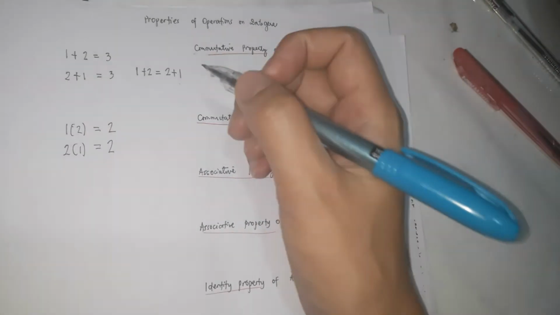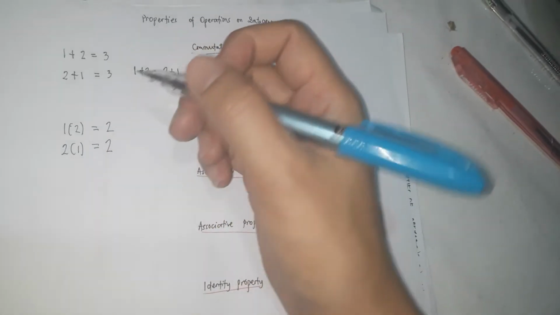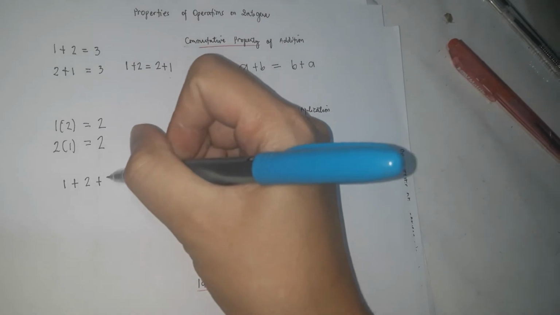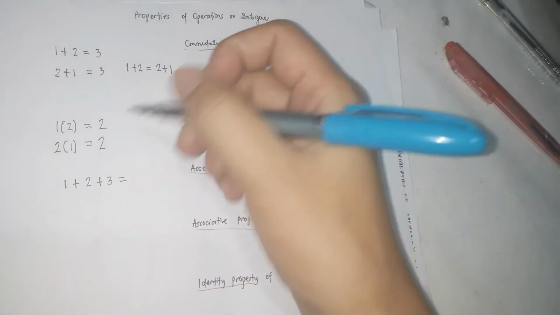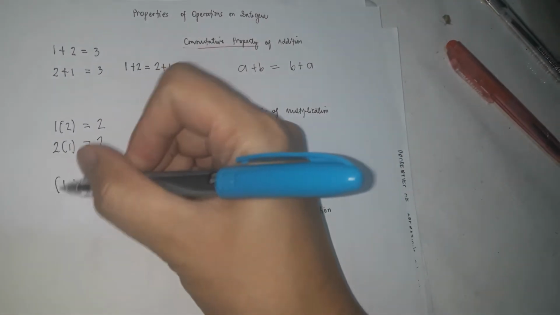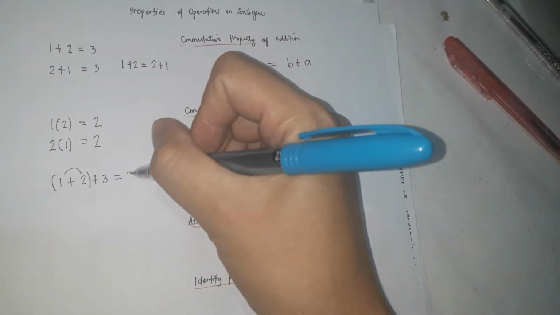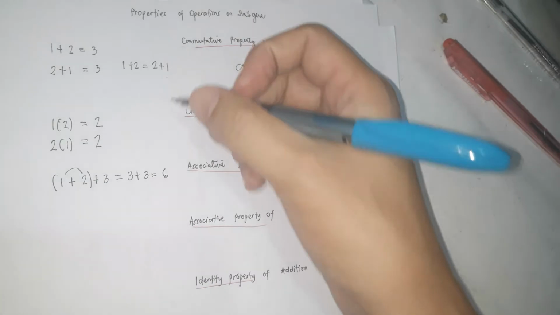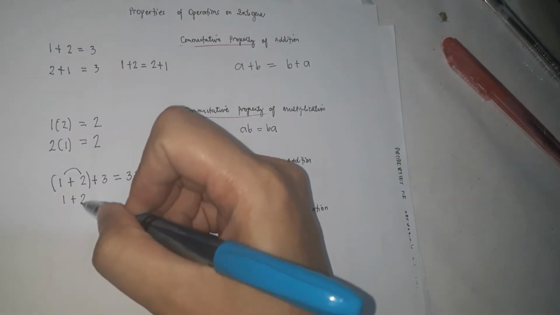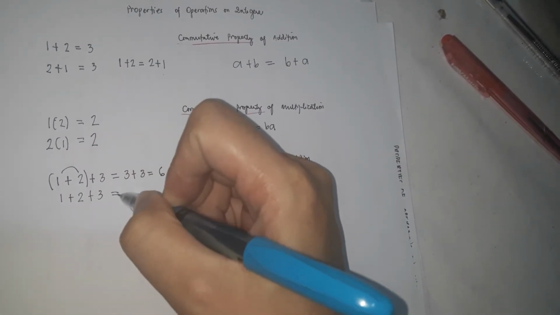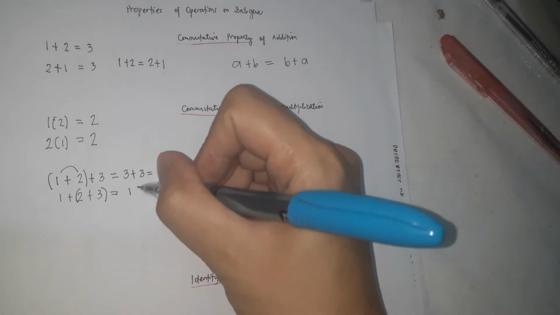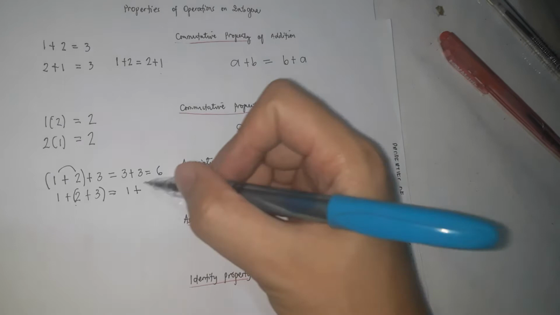This associative property is illustrated by this example. 1 plus 2 plus 3 is equal to, if we're going to add 1 plus 2 first, 3 plus 3, which is equal to 6. How about if we're going to start with 2 plus 3? It will become 1 plus 5.